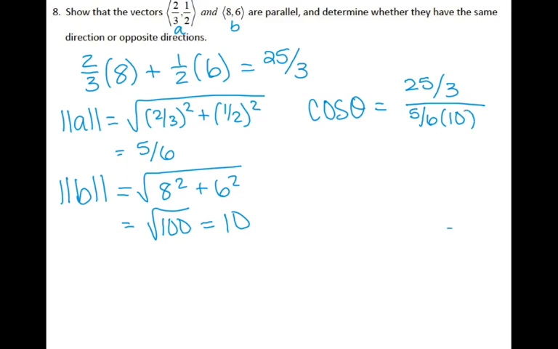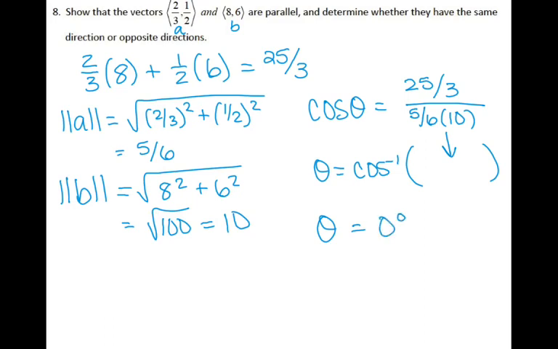And then I'm going to take the inverse cosine of this and plug it into my calculator. Let's see what we get. So inverse cosine of 25 over 3, divided by 5/6 times 10 gives me 0 degrees.